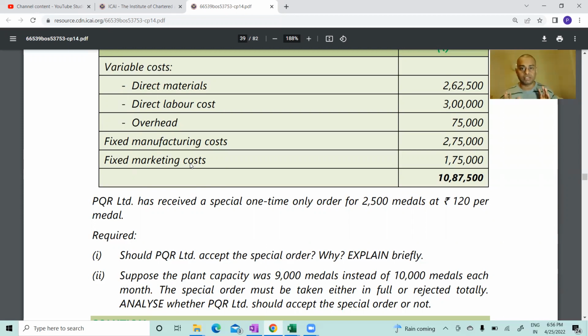Otherwise, you have to reject this. If you do so, analyze whether PQR Limited should accept the special order or not. Interesting question. Okay, all of you read the question once again.